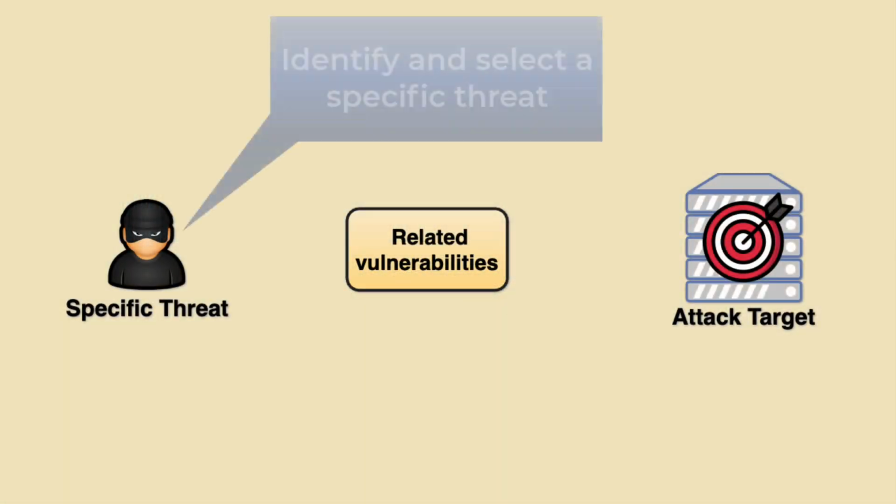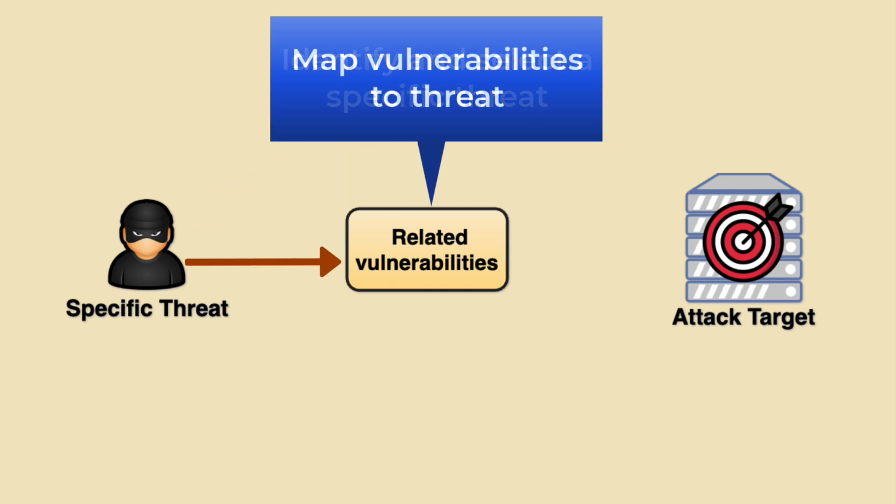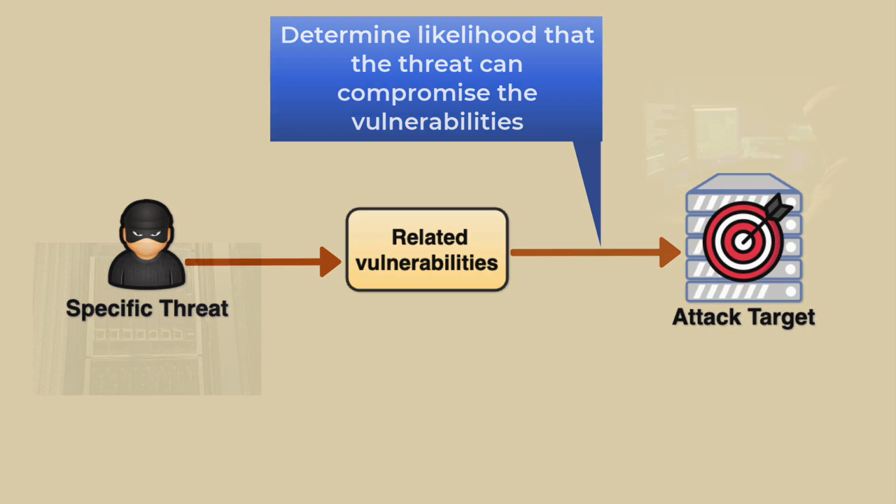Once these vulnerabilities are identified and cataloged, the final step is to map them directly to the threats previously outlined, clarifying which specific weaknesses could be exploited by particular threat actors or scenarios, and enabling more precise risk determination.